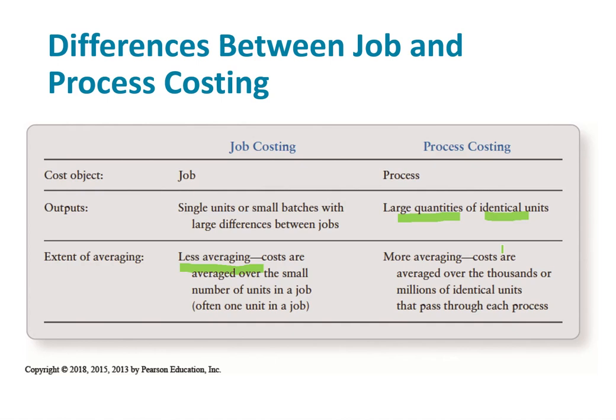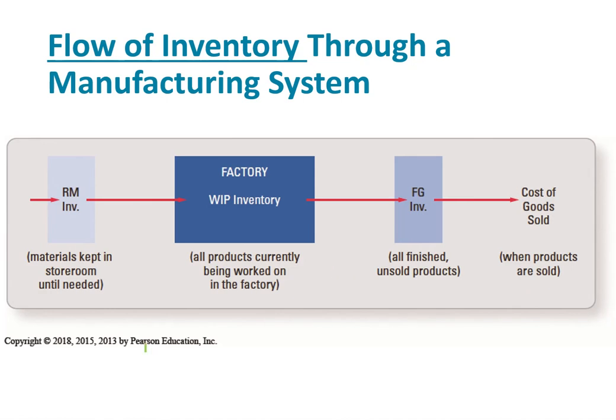Or you have lumber, where you have thousands and thousands of lumber feet. And so you have this more averaging where the costs are averaged over maybe thousands or millions of identical units. Okay, so in other words, job costing is you have unique specific types of batches or a small number of units. Process costing, you may have a huge number of identical units that go through a process.